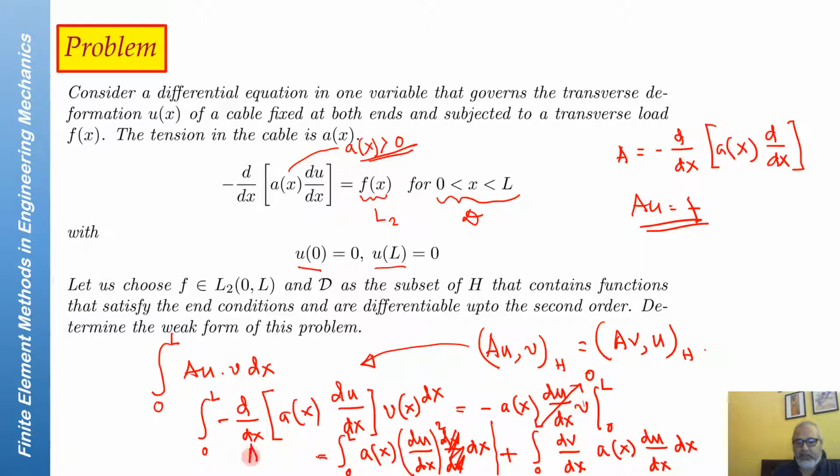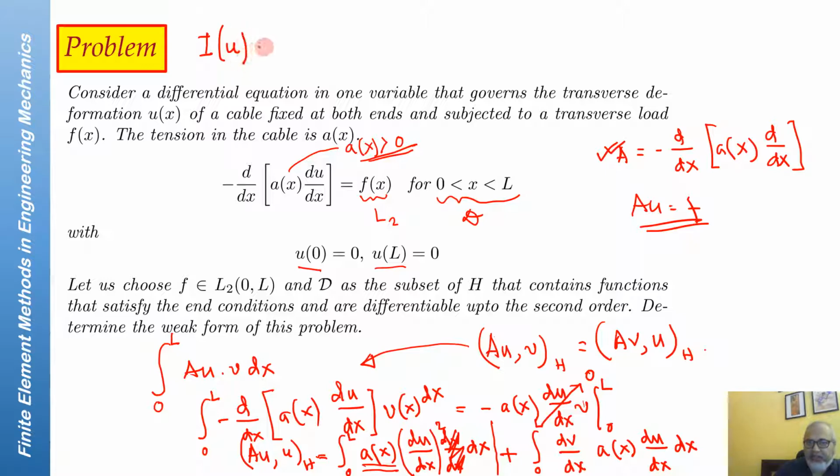So (Au, u) becomes a(x) (du/dx) whole square, and if a is always strictly positive, this quantity is always positive.